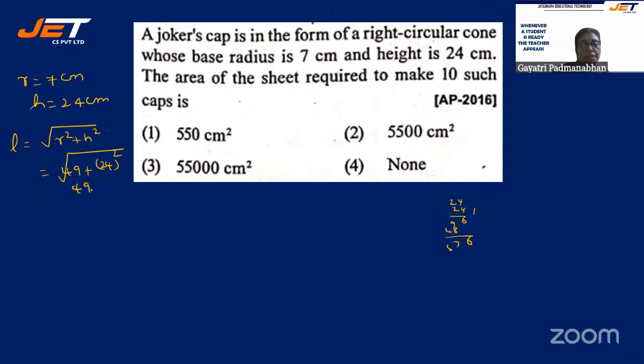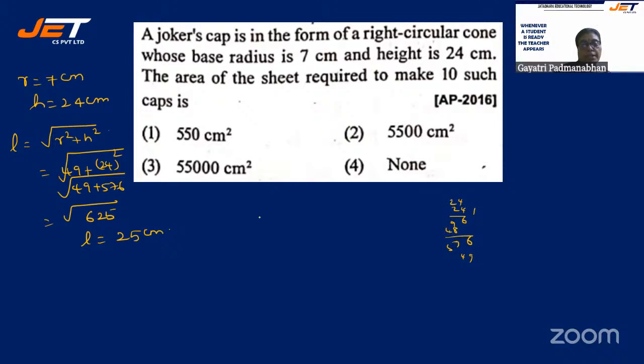So 49 plus 576, the whole root, is 625. So when you come out of the root, your slant height would become 25 centimeter.